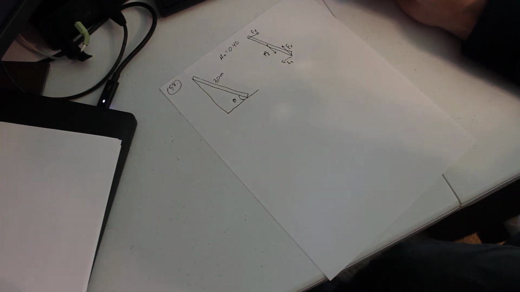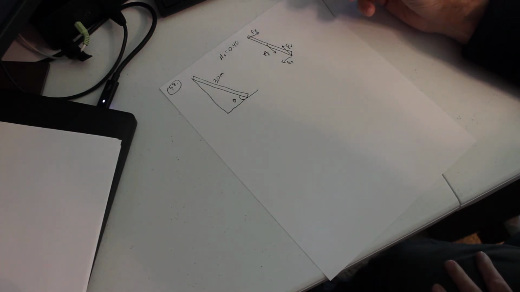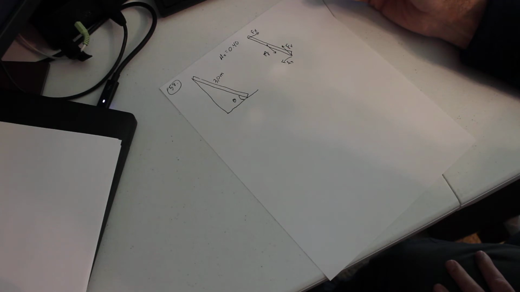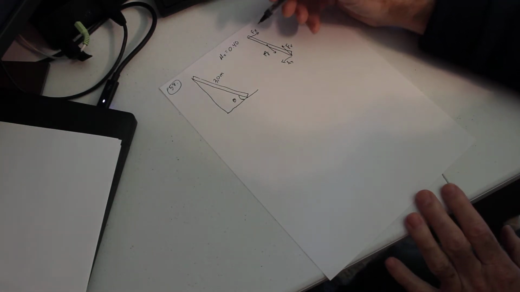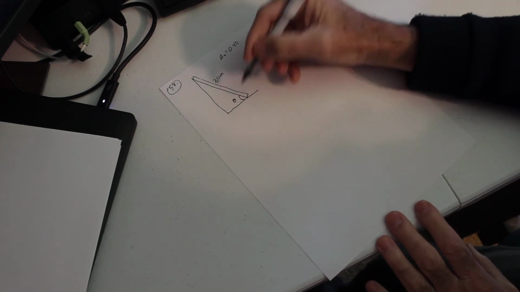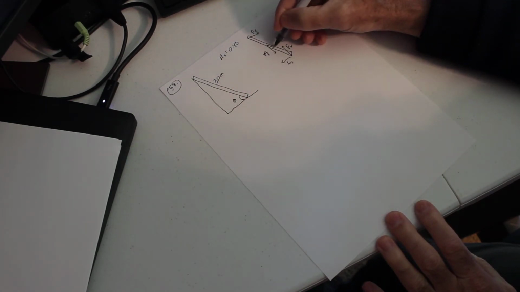Now we need to figure out what this angle is. That's interesting because we have this angle here, but what we need for this one is this other angle. Those are not the same. This angle down here is theta.